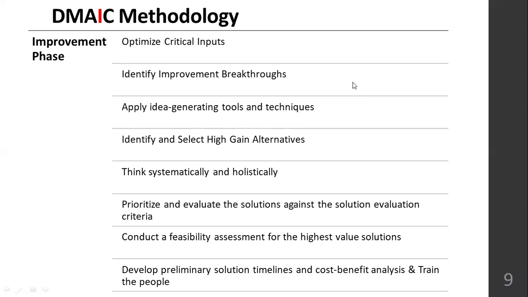If we apply solution A, what will be the budget? If you apply solution B, what will be the budget? Is it feasible to do it? Financially, economically, environmentally, whether certain solutions are feasible or not.